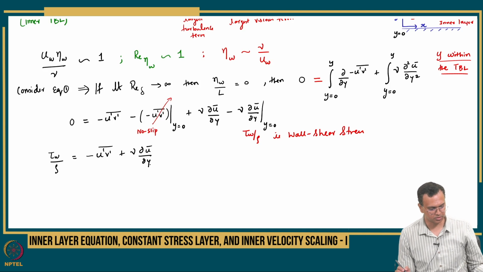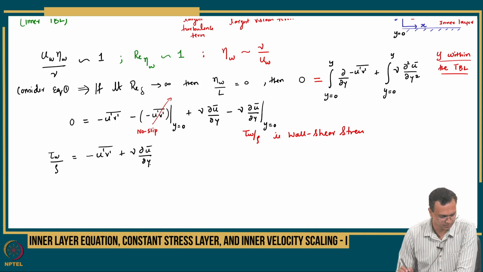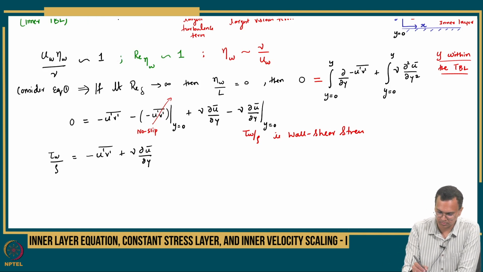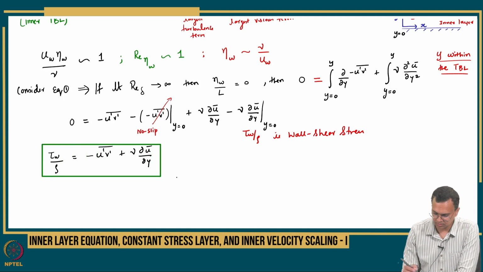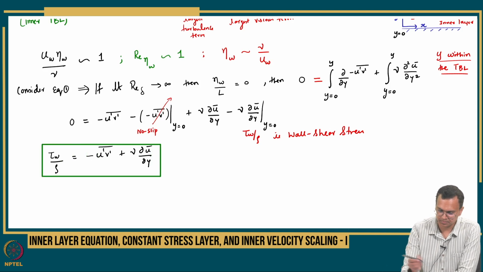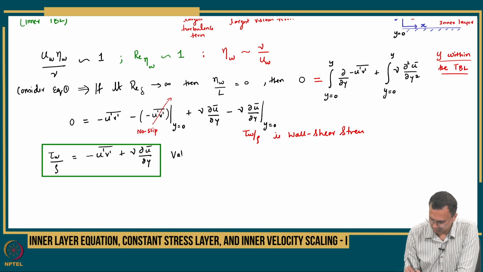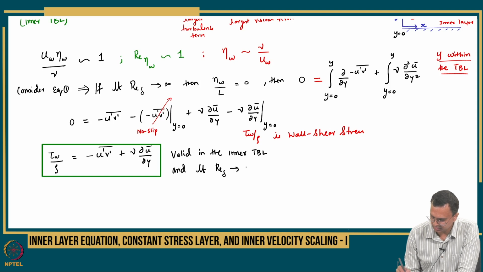This particular equation is of course valid in the inner layer, and it is valid only in the inner turbulent boundary layer and in the limit Re delta tending to infinity.